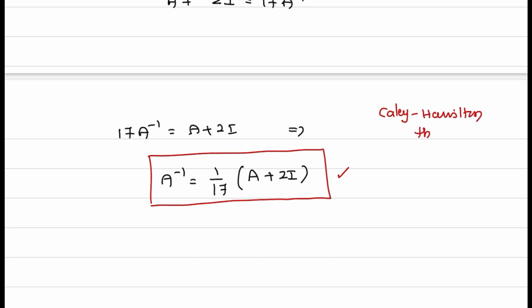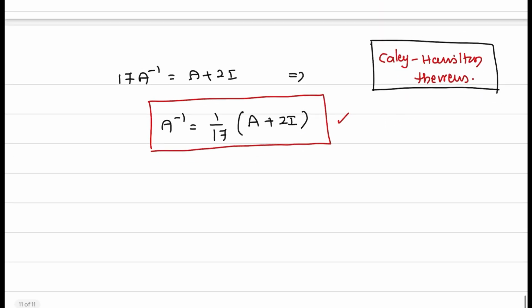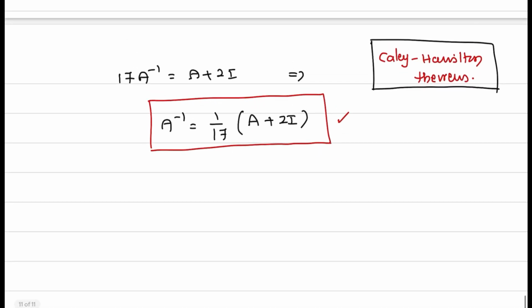Even though it is not explicitly given in your syllabus, I feel it is better for you to understand the Cayley-Hamilton theorem and the uses of eigenvalues. You can solve this quadratic equation. I don't want to go into small things, but if you want me to solve the quadratic equation, we can do this.